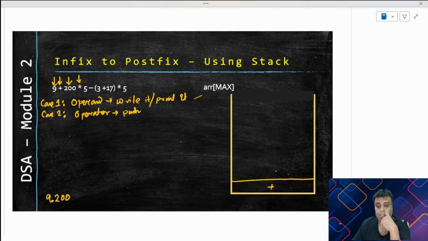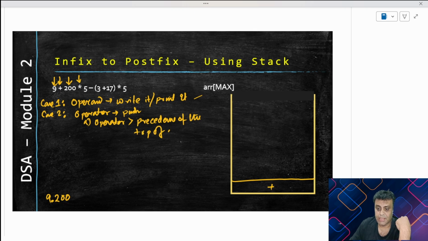Now, if I push the operator, the operator push will have some conditions. If the operator is greater in terms of precedence than the top of the stack, whatever is the top of that, then the operator will be pushed. So what are we getting here?